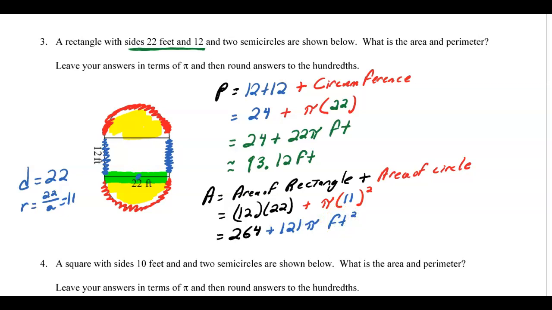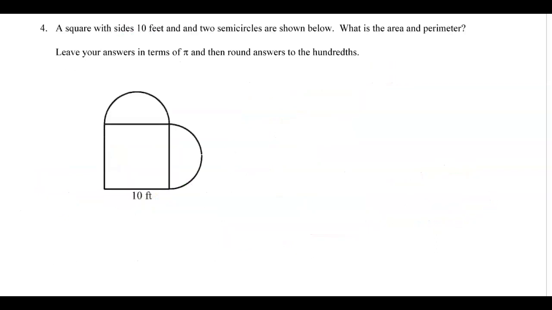So the SAT answer is going to be 264 plus 121 pi square feet. Then I'll type that in my calculator to get the decimal. So doing that, I get this as approximately 644.13 square feet. And let's look at the last example for today.